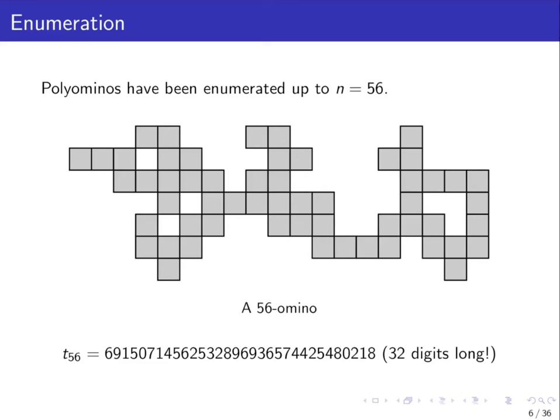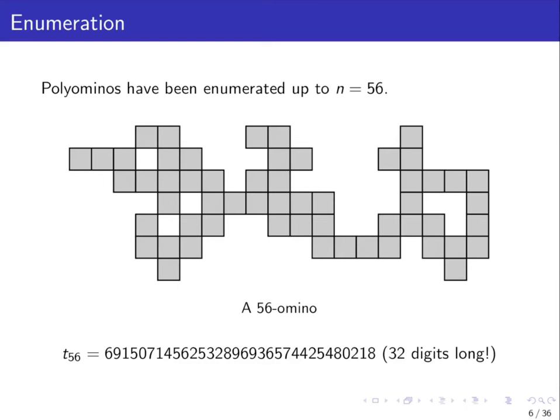However, it's unknown at n equals 57 and beyond how many polyominoes there are exactly. That's because these polyominoes actually are very difficult to count as the number of squares gets larger and larger, and even computing this T56 requires incredibly efficient algorithms running on a supercomputer to get the exact result.